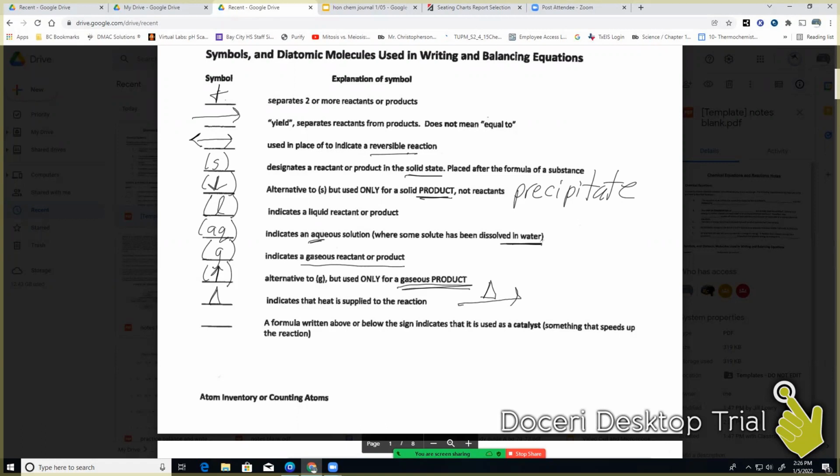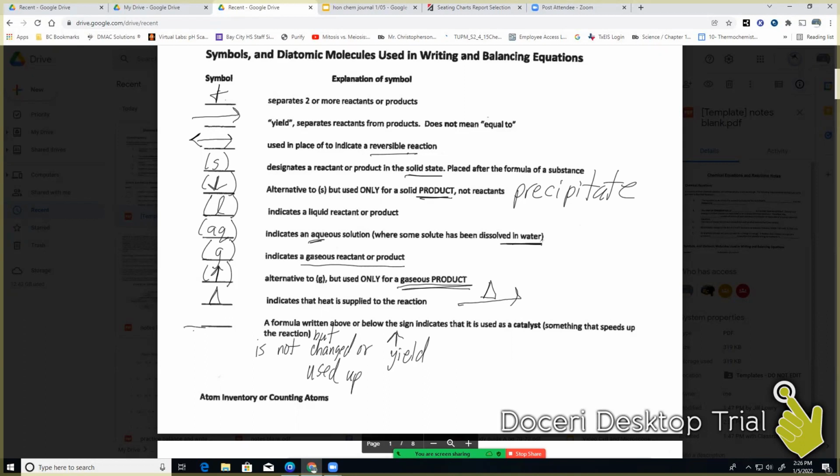And then if you have a formula written above or below the yield sign, that indicates that it is used as a catalyst. And if you remember from biology, a catalyst is something that speeds up the reaction, but is not changed or used up.